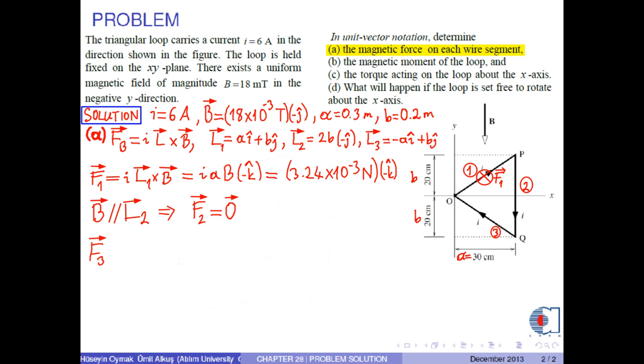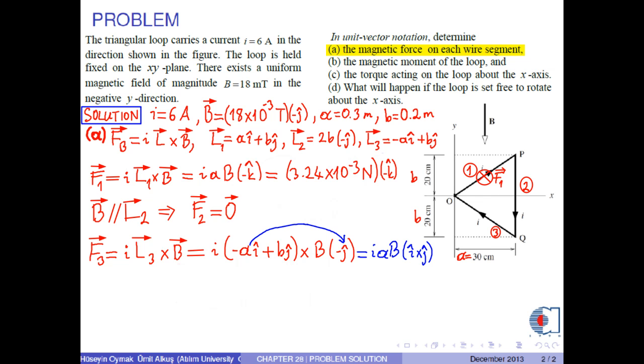The magnetic force on segment 3 is I times L3 cross B. L3 is negative A times i hat plus B times j hat. And vector B is B times negative j hat. The first vector product gives us I times A times B times i cross j hat. The second vector product is negative j hat cross j hat, which is 0.